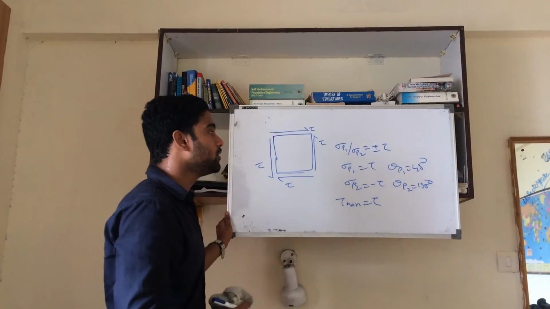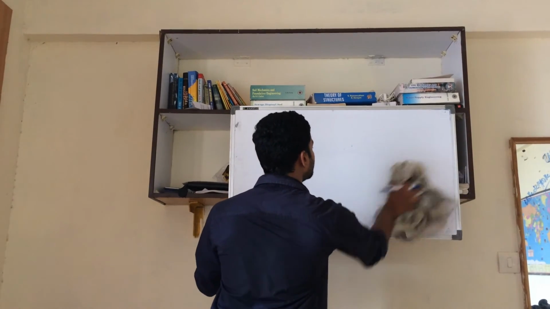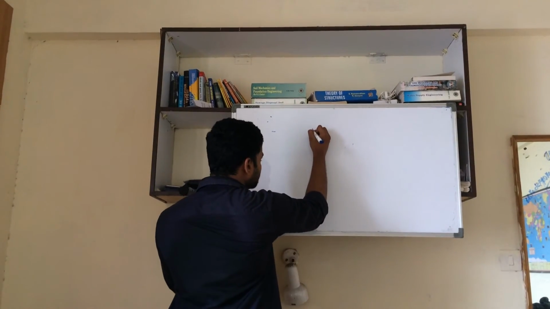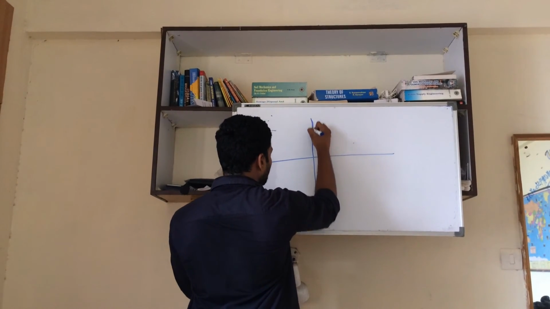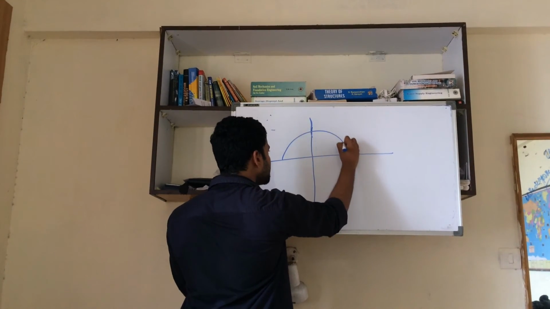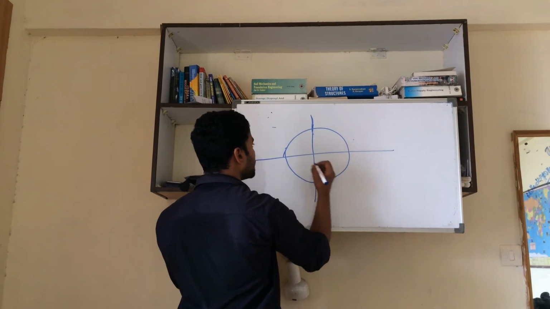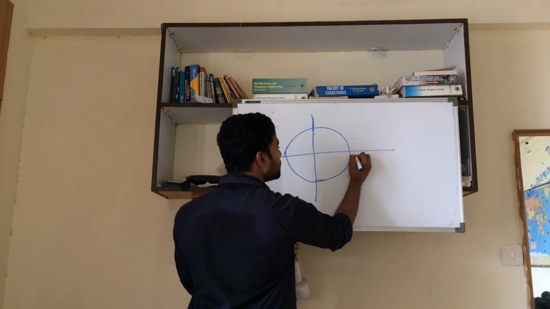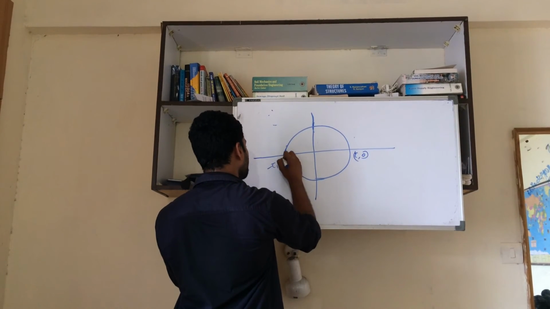And if you have to draw the Mohr circle for this, this is how the Mohr circle looks like. This is just one example. This would be sigma, that is tau comma 0. This is minus tau comma 0.